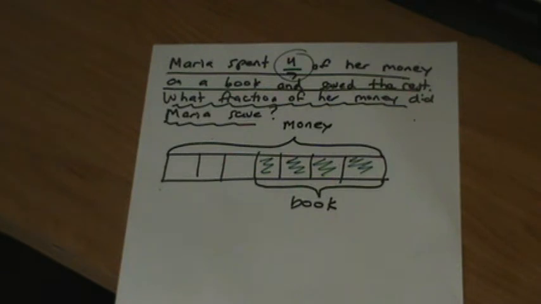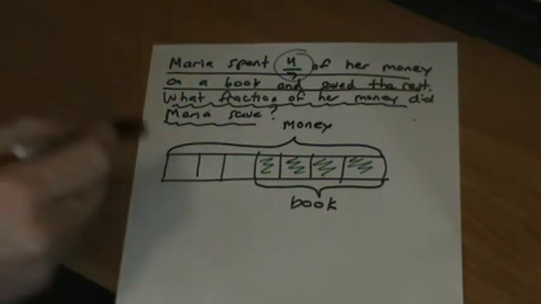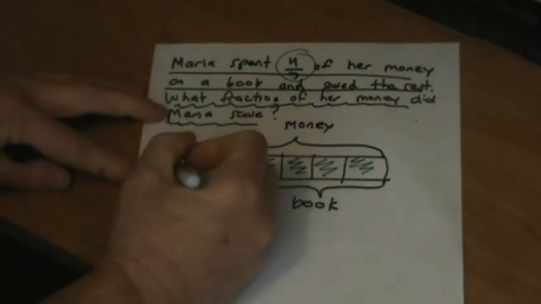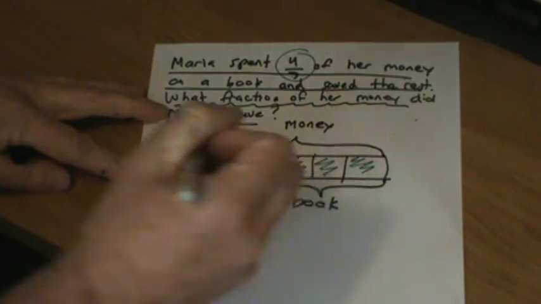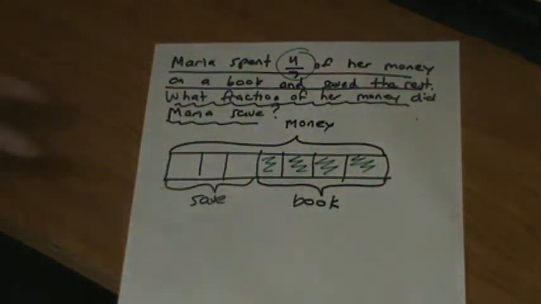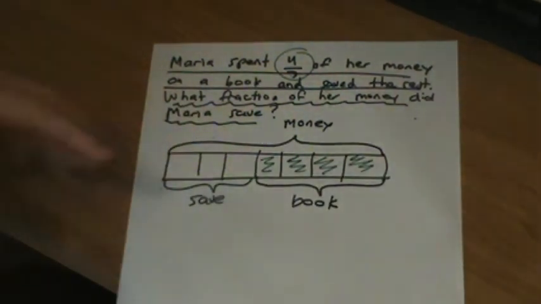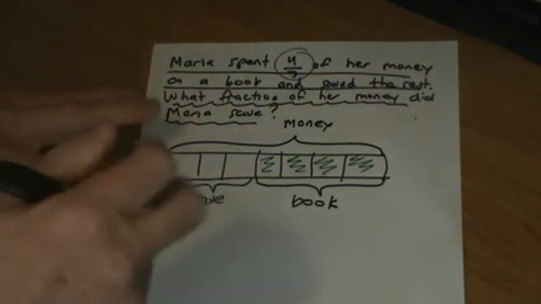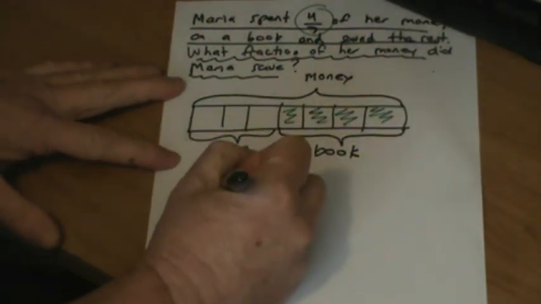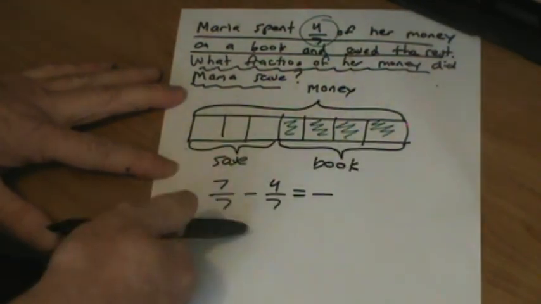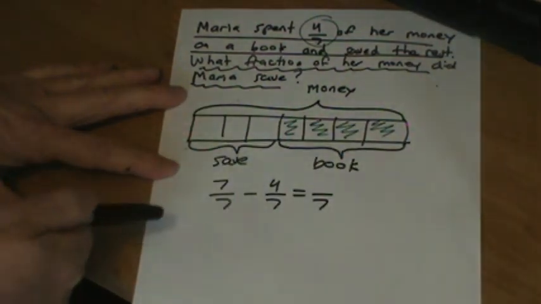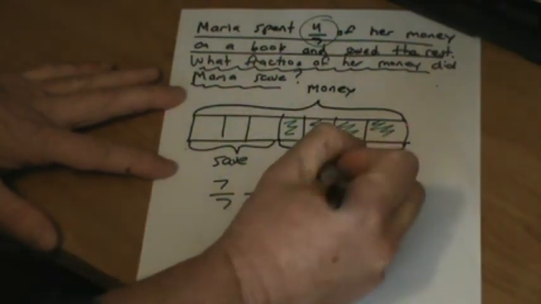Well, let's take a look at what's left over. 1, 2, 3. So this is what was saved. So what would that be? 3 out of 7. So she saved 3/7 of her money. And let's just go ahead and write it out this way. 7/7 minus 4/7 equals, remember, denominator doesn't change, and 7 minus 4 is 3.